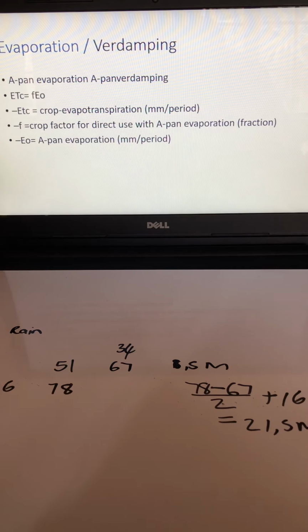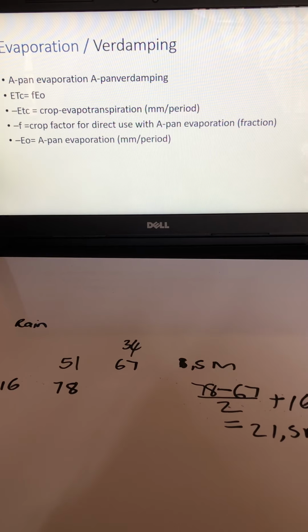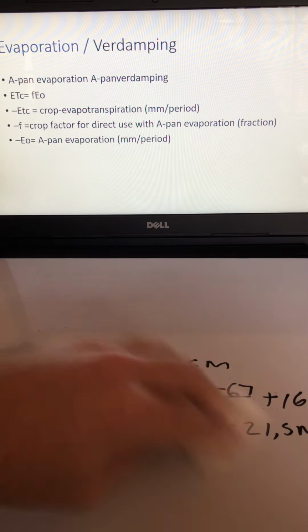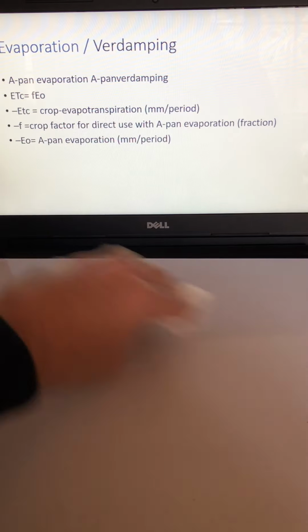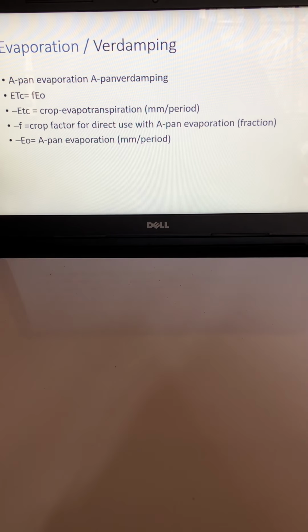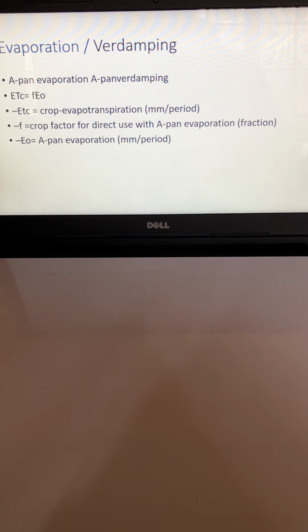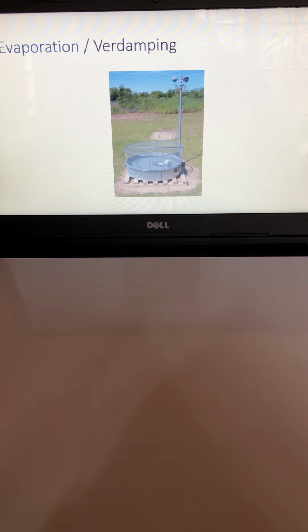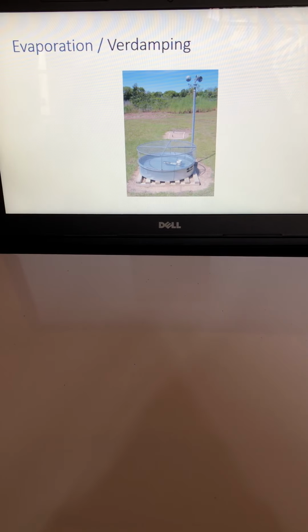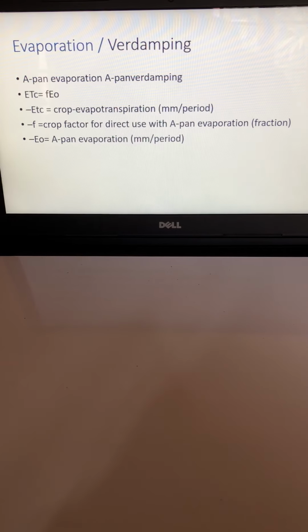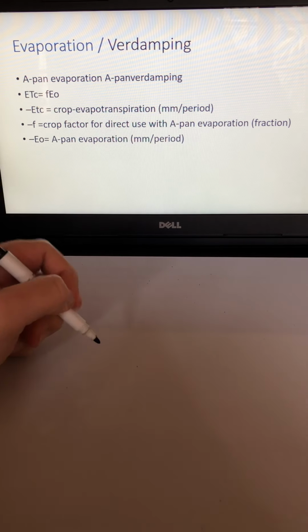So that is how you use a pan or Class A pan to determine the amount of evaporation that you had in one day. So by just measuring the loss due to evaporation due to the air, if you look at this pan, by just using that, you can then determine what the evaporation will be for a plant. So you have this formula.